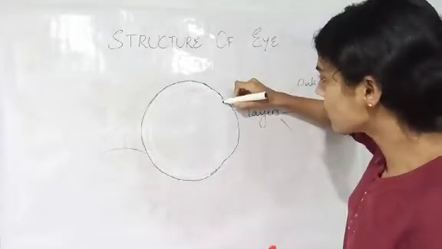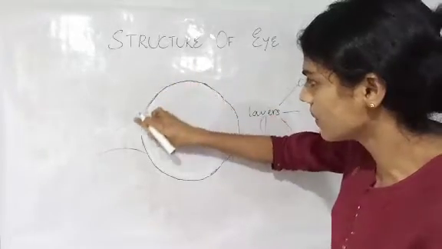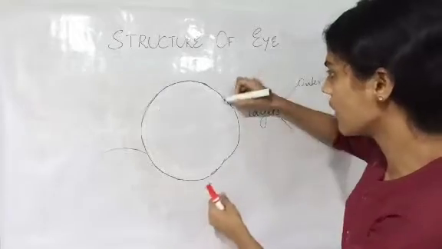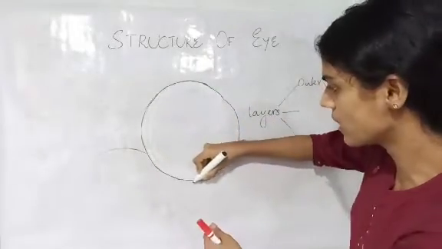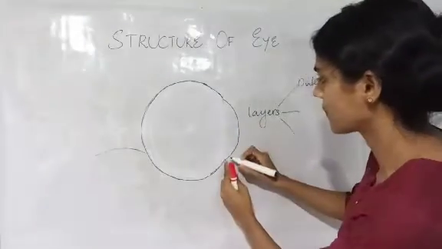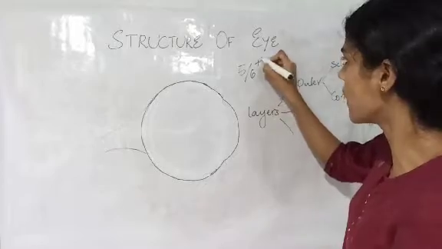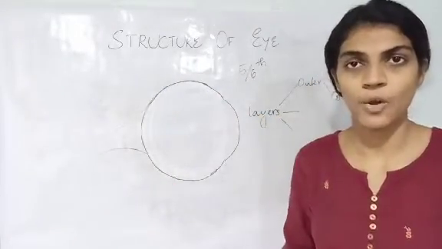In the outer layer, we can find 2 portions. The posterior portion is the portion extending along the wall behind the eyeball. Starting from here it goes down and comes here. This 5 by 6th part of the eyeball is known as the sclera.